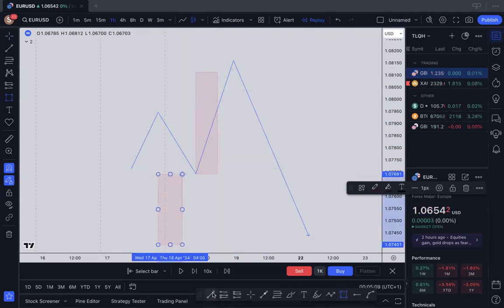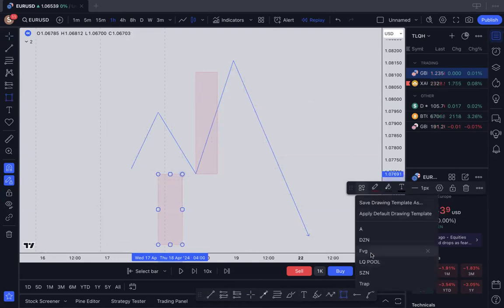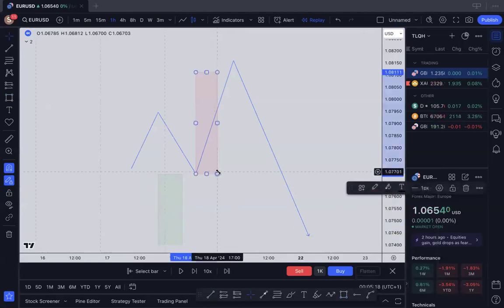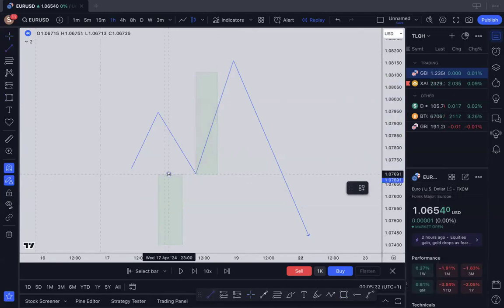So this is what the candles will look like. I should make these green just so it's a little bit easier to understand. There we go. Throwing some wicks on to make these wicks realistic. So that's how far that went up there.